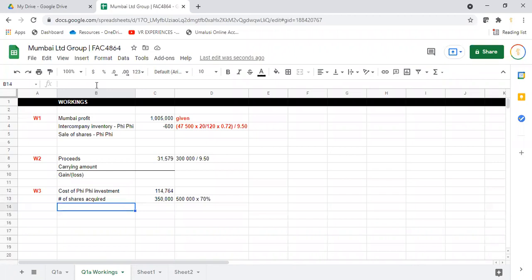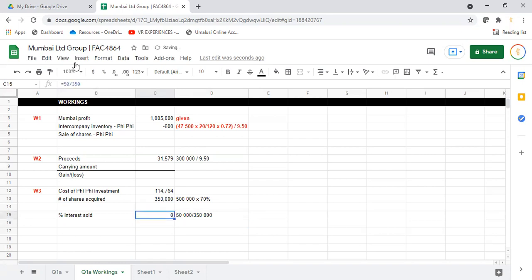How many shares did we sell? We sold 50,000 shares. So the percentage interest sold is 50,000 shares divided by 350,000 shares, which is 50 divided by 350.